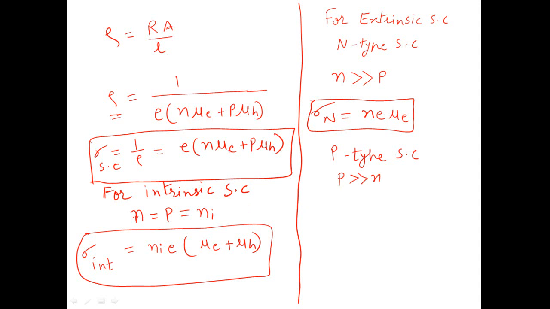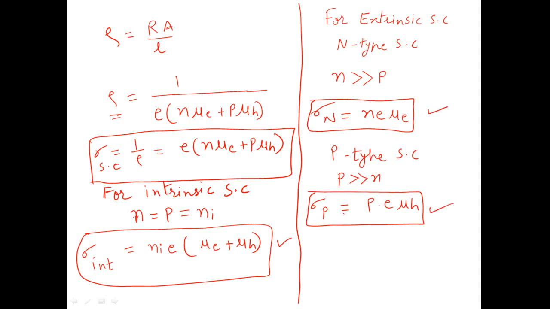Therefore we can neglect the term n into mu e, and we can write down the expression for conductivity of p-type semiconductor as sigma p is equal to p into e into mu h. These formulas for conductivity of p-type, n-type and intrinsic semiconductor are important.